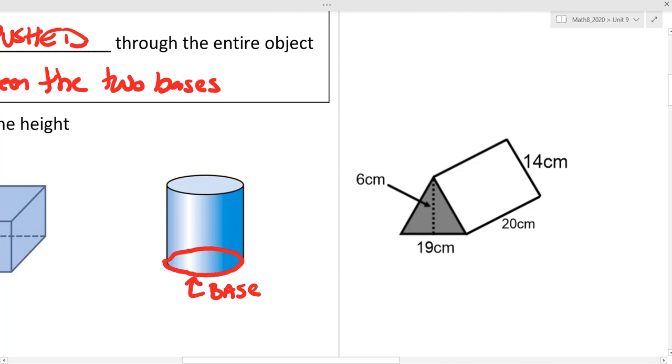That would be our base. Okay. And what would our height be? Yes, how tall the cylinder is in this case. This would be our height. Okay.